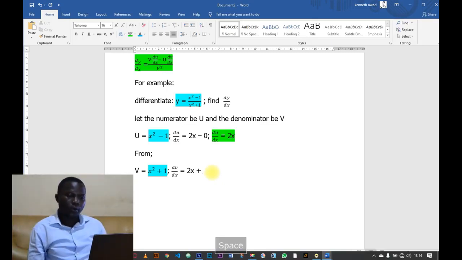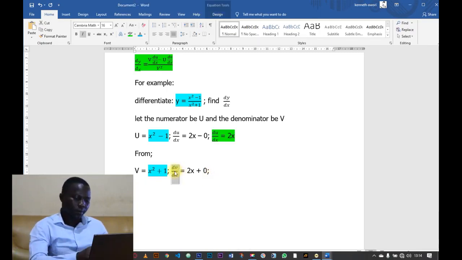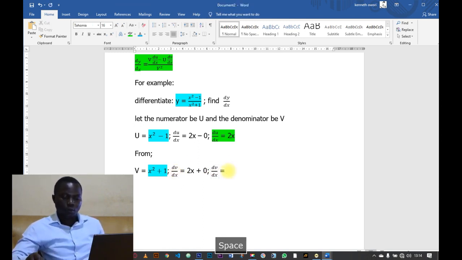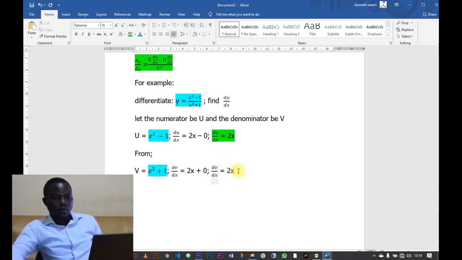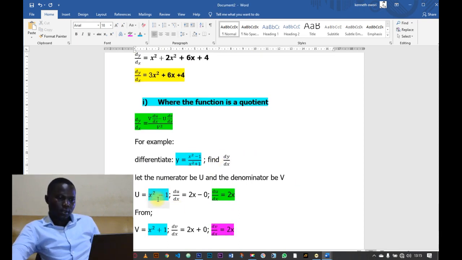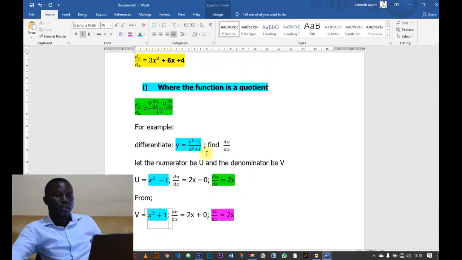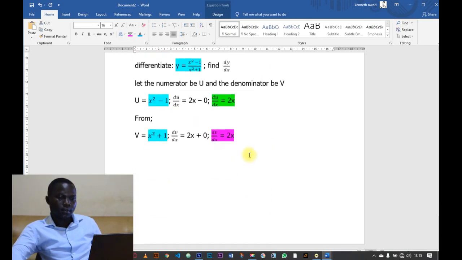Then if we differentiate 1, which is positive and a constant, we get 0. In other words, our dv dx would be equivalent to 2x. So dv dx is 2x, du dx is 2x, u is x squared minus 1, v is x squared plus 1. So now we can go ahead and substitute into the quotient rule.